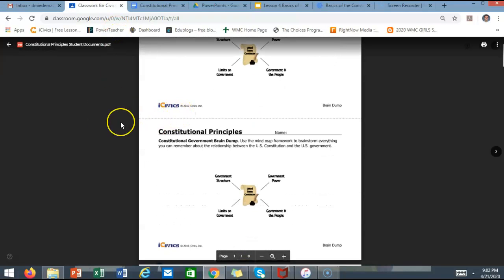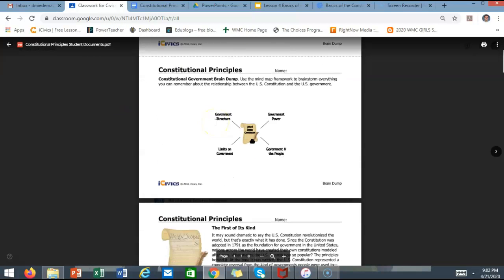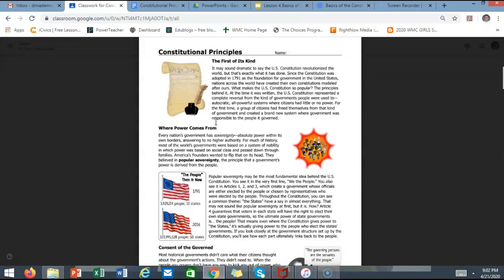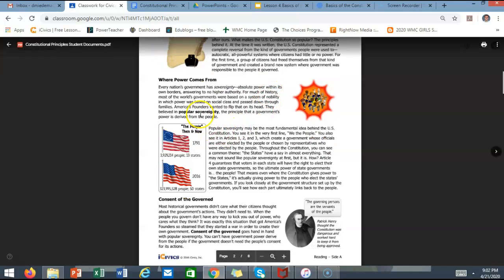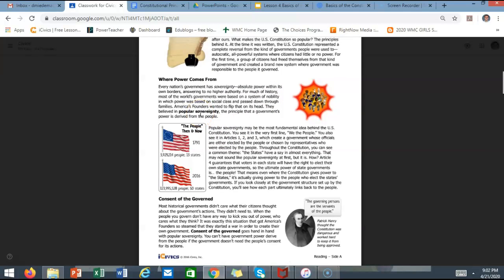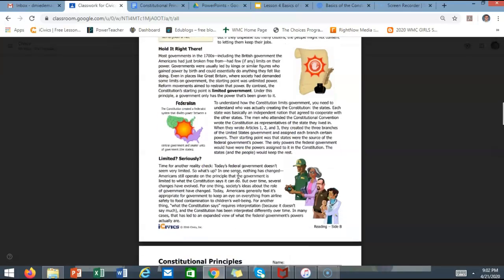So what you will have to do first, this PDF, I posted too much of it, so these first 2 pages, well, this is just the first page. Skip that part. You don't need to do that. This is where it starts. It will bold the word so you can kind of skim it a little bit. It'll talk about popular sovereignty. It'll talk about limited government, so on and so forth.